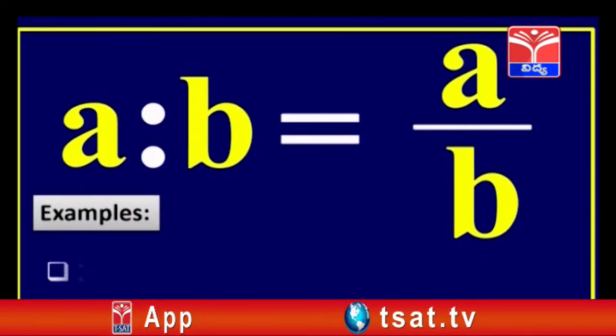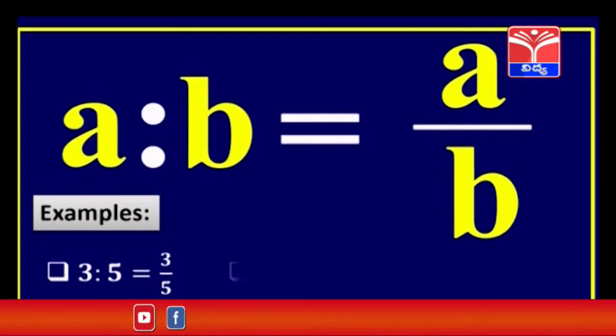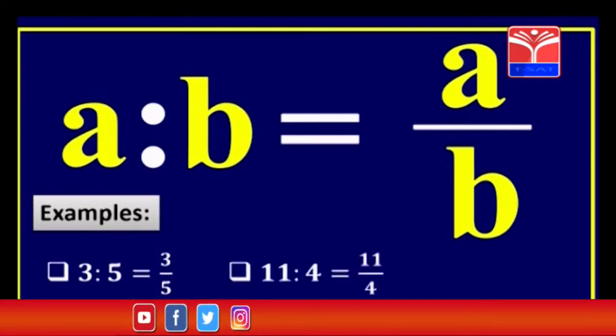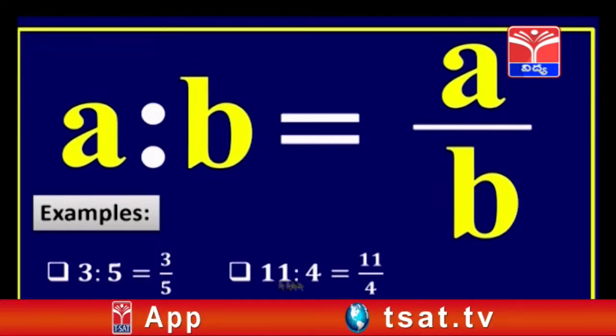I can write 3 is to 5 as 3 by 5, whereas 11 is to 4, I can write as 11 by 4. In the ratio 3 is to 5, 3 is the antecedent and 5 is the consequent. Similarly, in the ratio 11 is to 4, 11 is the antecedent and 4 is the consequent.